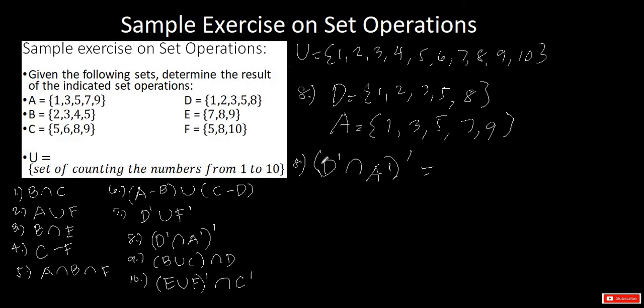Recall that we are going to perform first the operations inside a grouping symbol as our first step. Then after that, we are going to perform other operations like this, complement.